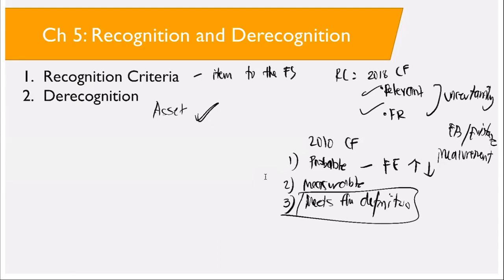But as you can see, the probable and measurable were already placed under your relevant and faithfully represented. Probable, ang kabaliktaran niyan is uncertainty on economic benefits. Measurable, kabaliktaran na naman yan is yung uncertainty ng measurement. So when do we say we can recognize an item? If ever we capture the item to the financial statement.